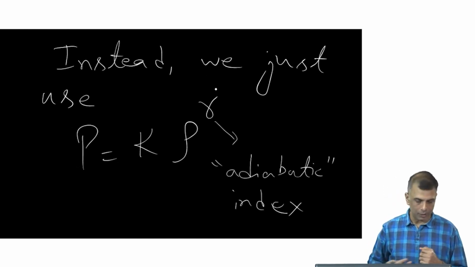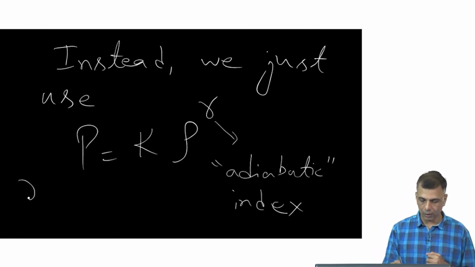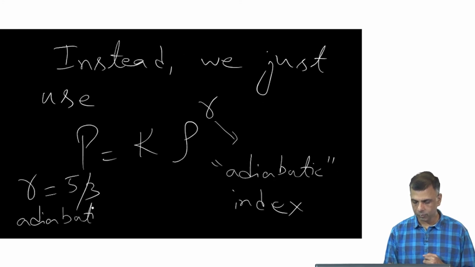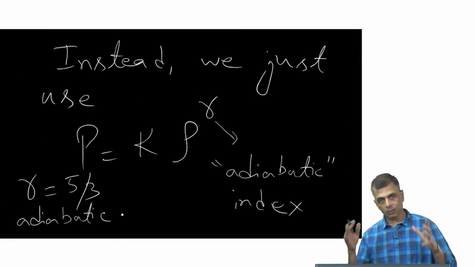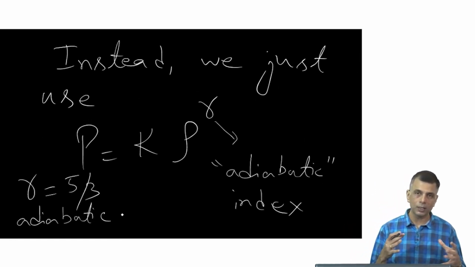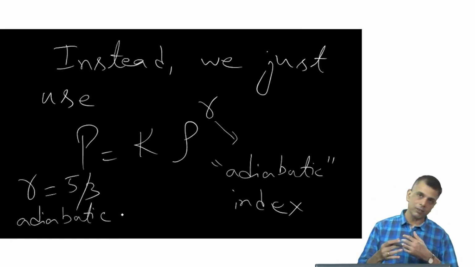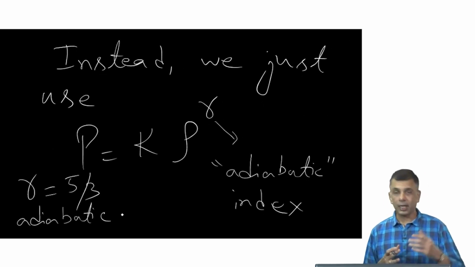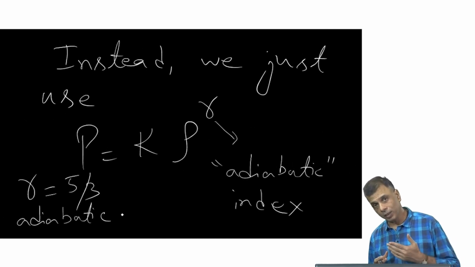Okay, and if gamma equals 5/3, it's adiabatic, in other words, the system is closed and any PDV work that you do appears in internal energy and vice versa. And if gamma is 1, then it's isothermal. And in principle, it can be anything in between.